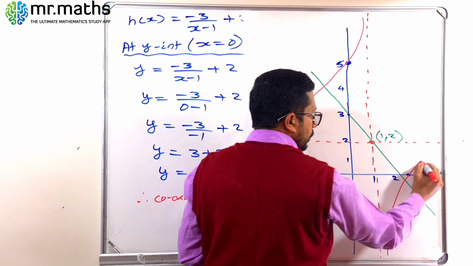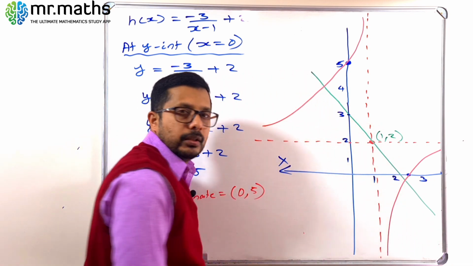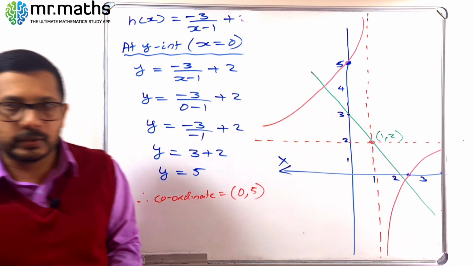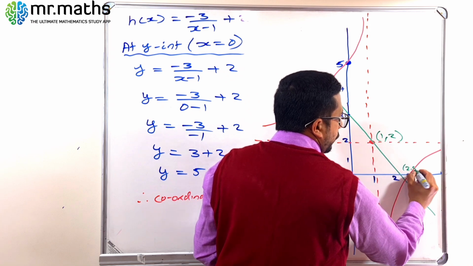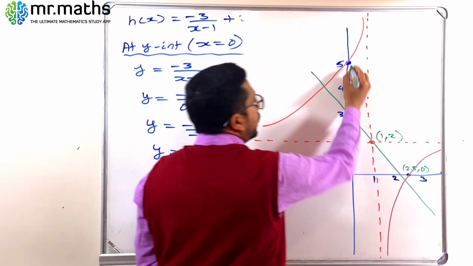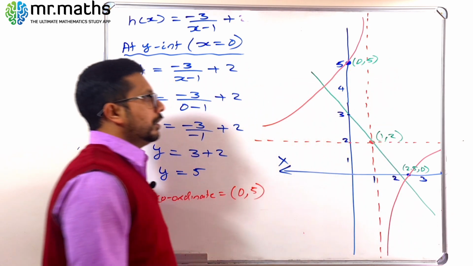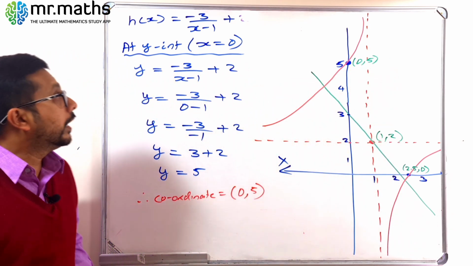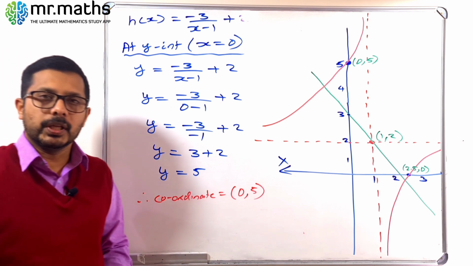Here you have to write the coordinate of that point. What is the coordinate of that point? 2.5, am I right? So 2.5 comma 0, and here it is 0 comma 5. So this is the graph of h of x is equal to minus 3 divided by x minus 1, plus 2.